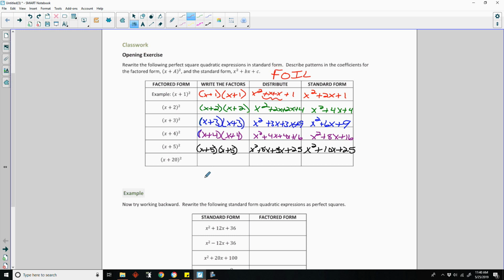And finally, the last one, x plus 20 squared is x plus 20 times x plus 20.